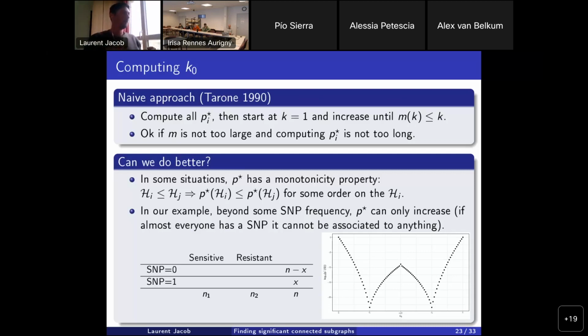If you add unitigs to the current subgraph, then the frequency pattern, the presence pattern, will necessarily be larger. And so for some statistics, the minimal p-value will necessarily be larger too. In our example, the SNP frequency, for example, p star after some threshold will only increase if you increase the frequency. That will also work for our subgraphs.